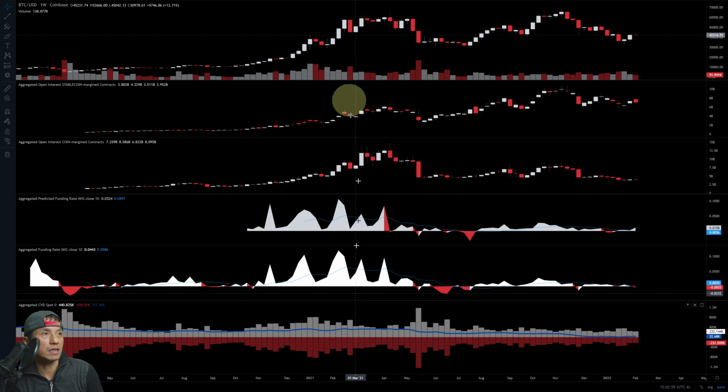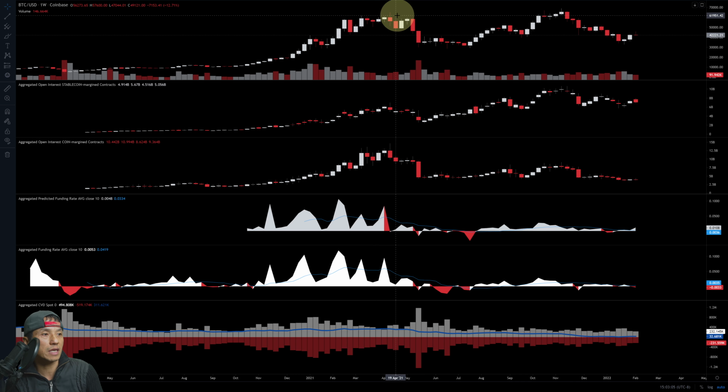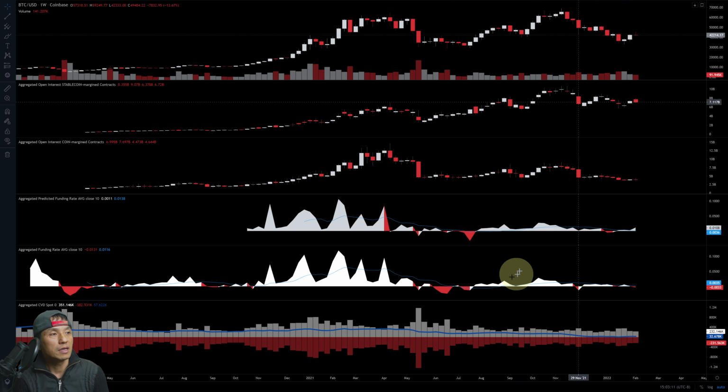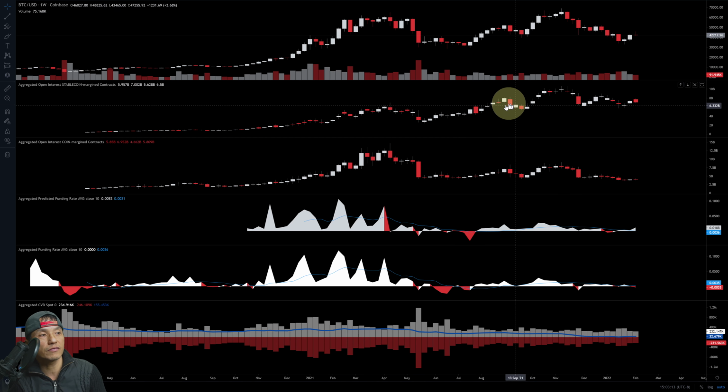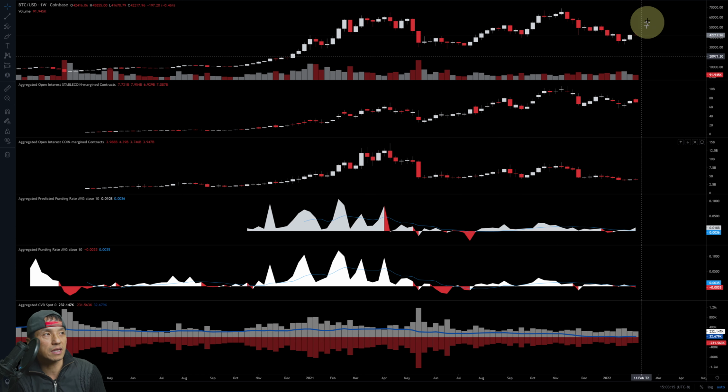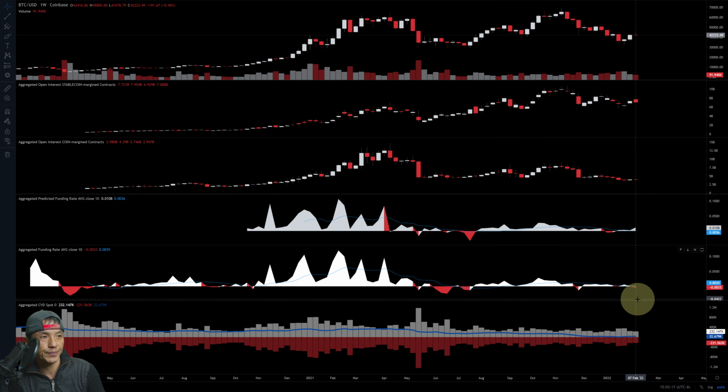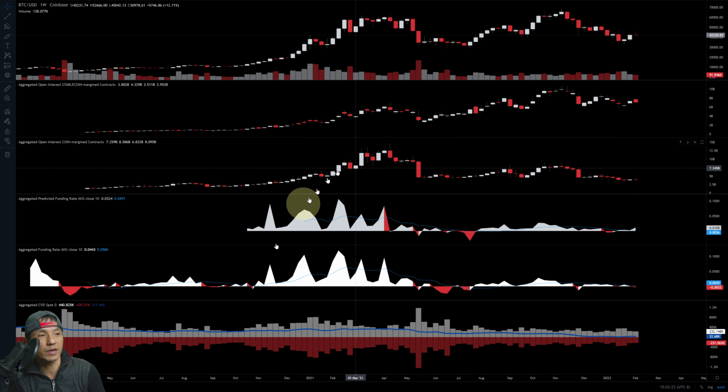So what does that tell us? That means that demand was increasing during this period here, and then it started tapering off. Just from here on, it tapered off, even though price was building up here. So you combine all these factors together, what does that tell us about the current time? Well, demand is lower than the previous period when Bitcoin was very bullish back here, right?